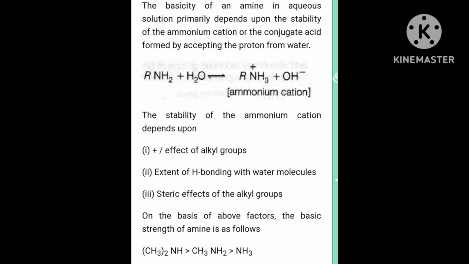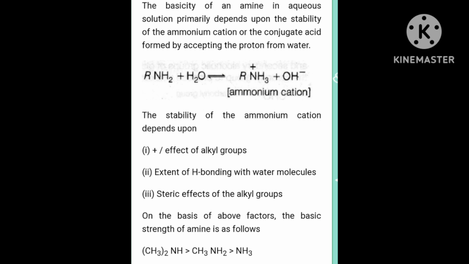The reaction of amines with mineral acid like HCl, H2SO4, HNO3, these are called mineral acids, also called inorganic acids. The reaction of amines with mineral acids to form ammonium salts shows that these are basic in nature.